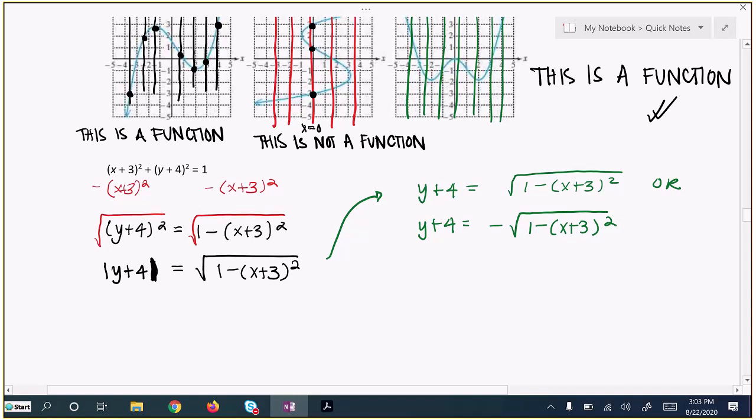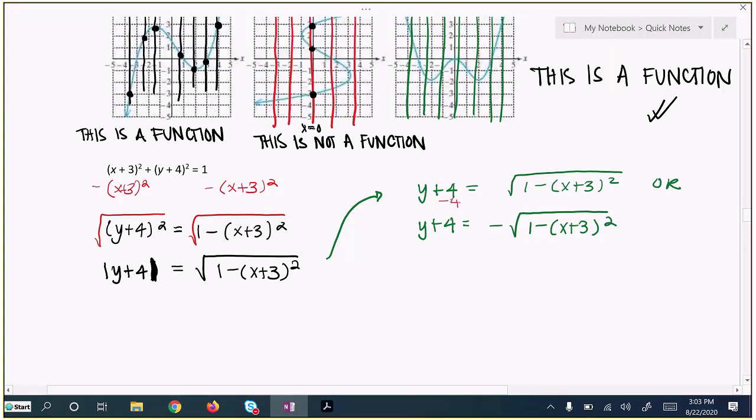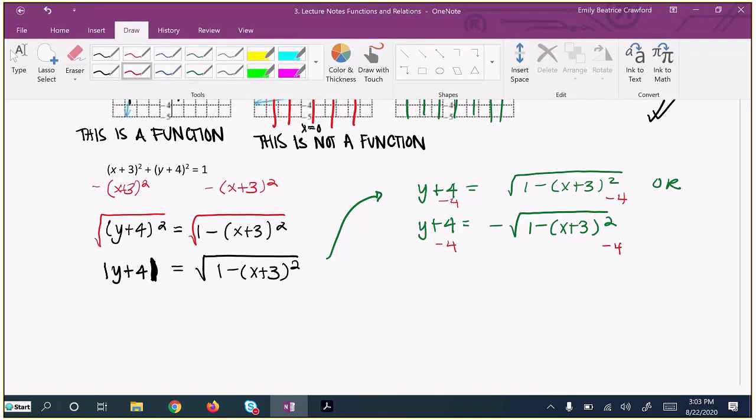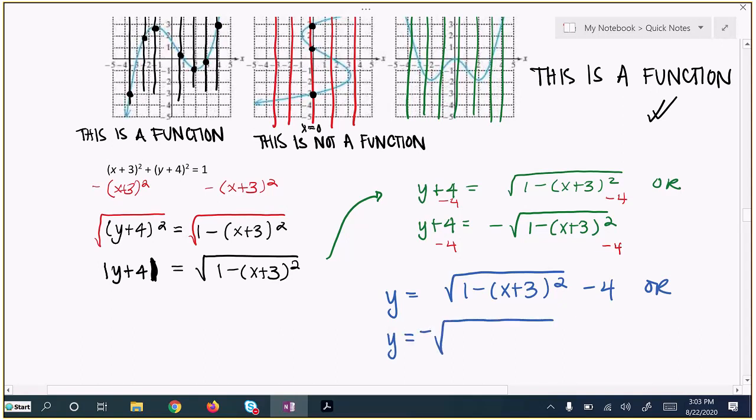So then, if I subtract 4 from both sides, minus 4, minus 4, do the same thing for this one, minus 4, minus 4. Then finally I get to say that y is equal to the square root of 1 − (x+3)², minus 4, or y is equal to minus the square root of 1 − (x+3)², minus 4.